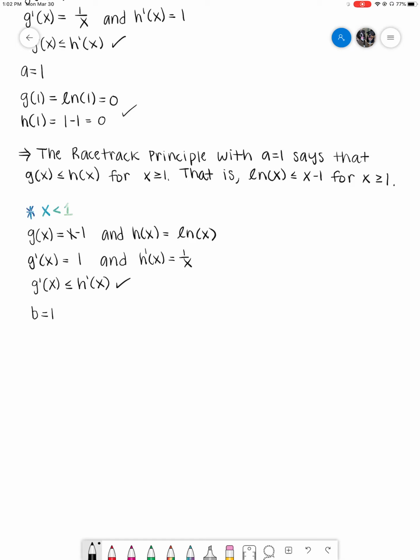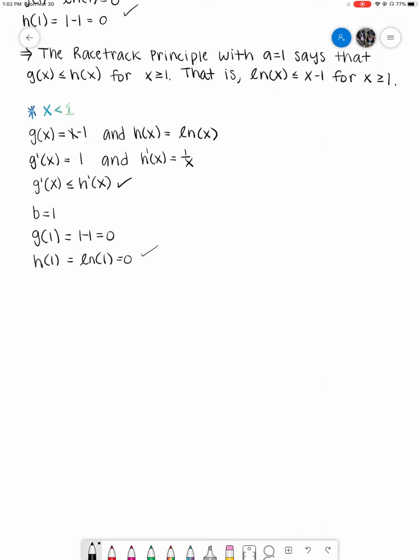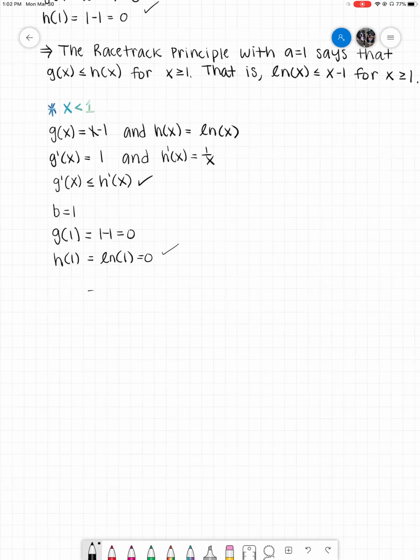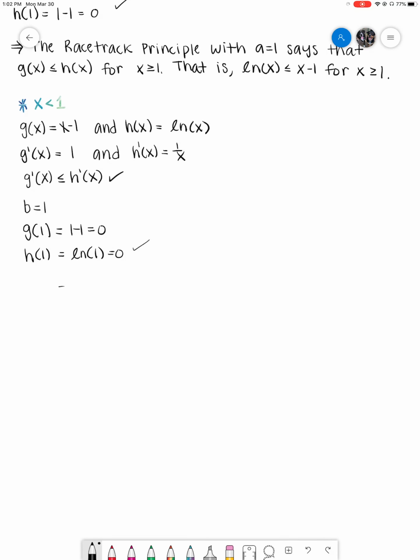So what happens there? We already know, but we'll say it again. G of 1 is now 1 minus 1, which is 0. H of 1, ln of 1, also 0. Good, they're the same. So what does the racetrack principle tell us here?